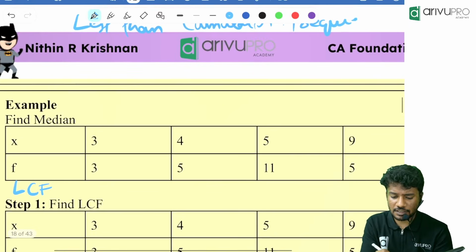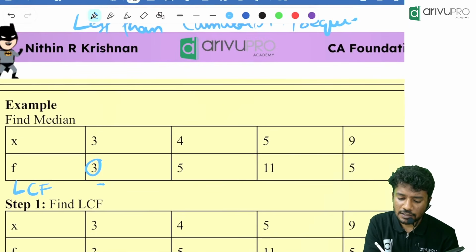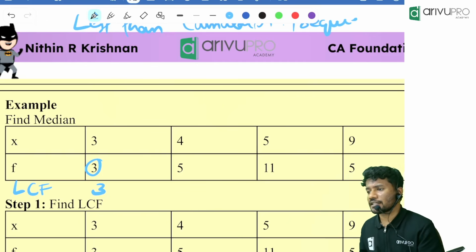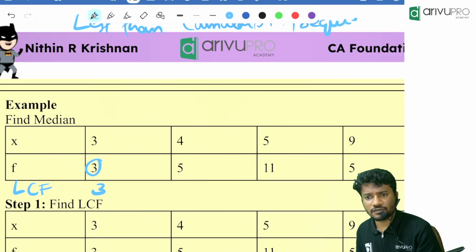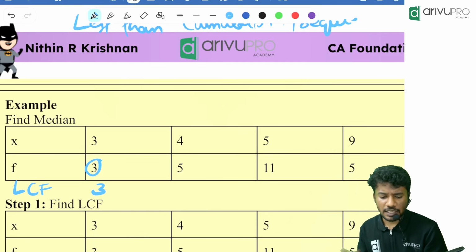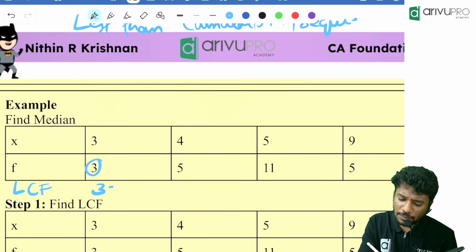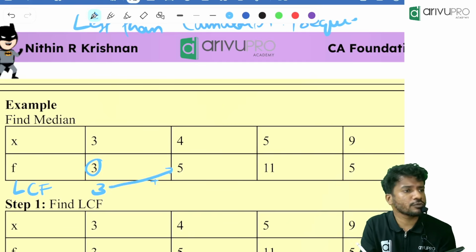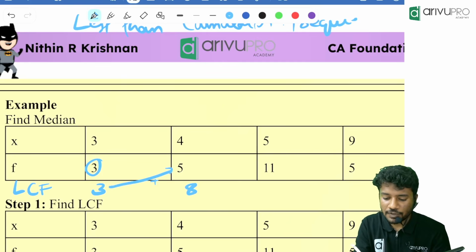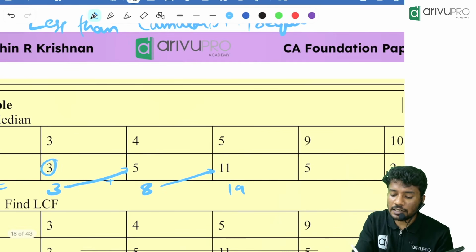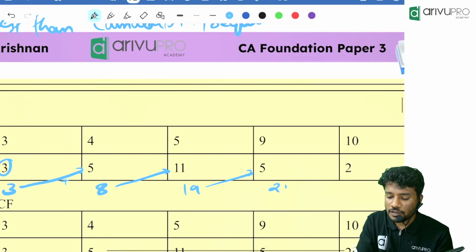How to find it: first you write whatever frequency is there in the first class. Directly write it. The first column has how much? 3. Then the next one will have 3 plus 5. 3 plus 5 is how much, people? 8. 8 plus 11 is 19. 19 plus 5 is 24. 24 plus 2 is how much?